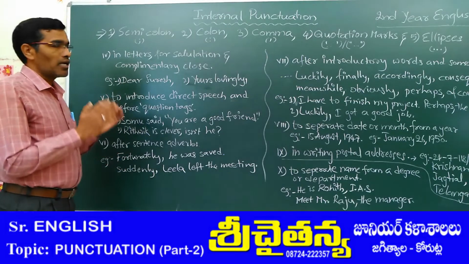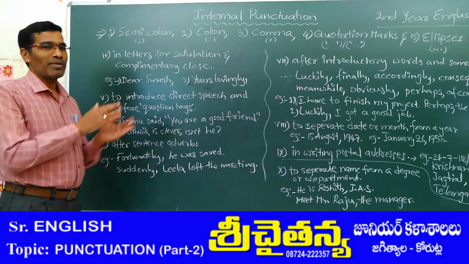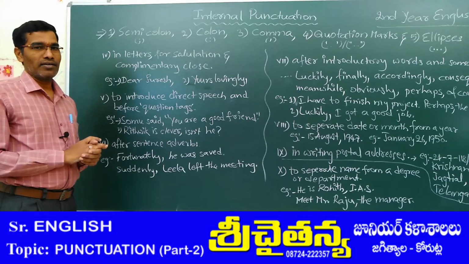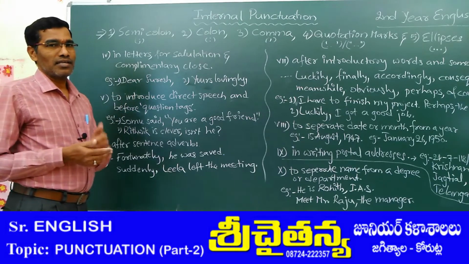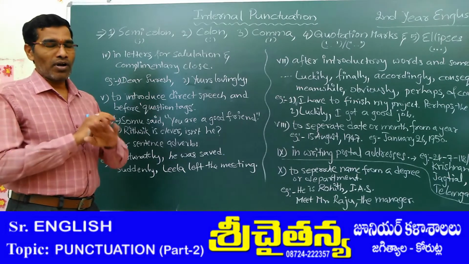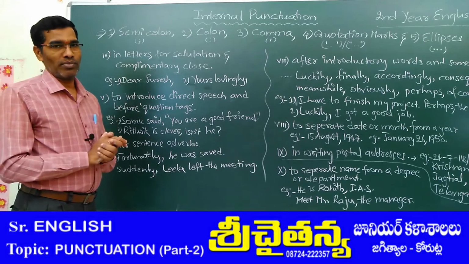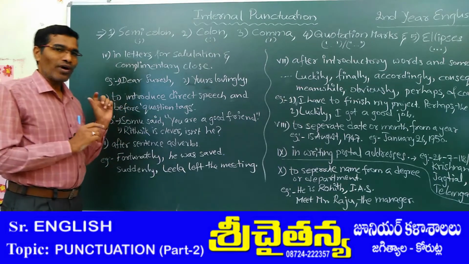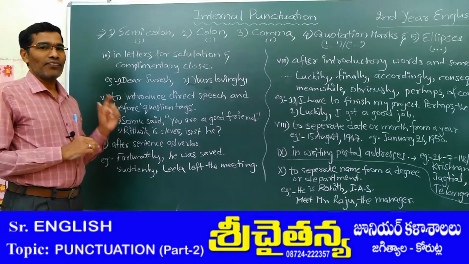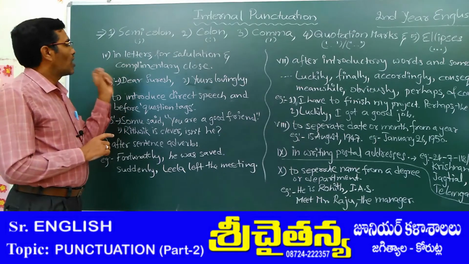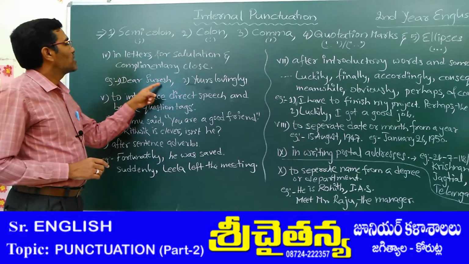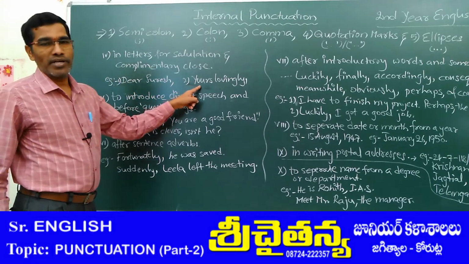Indent format is an old method of writing letters, whereas block format is a new method of writing. For block format, we don't use any kind of punctuation marks. For those who want to follow indent format, they must write a comma after salutation and complementary clause.